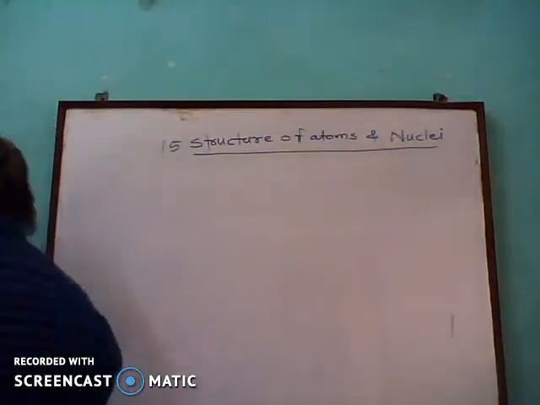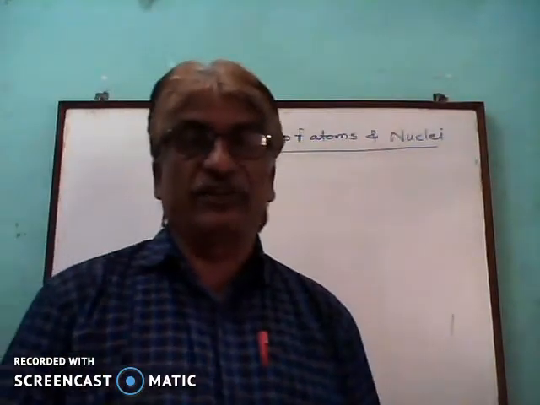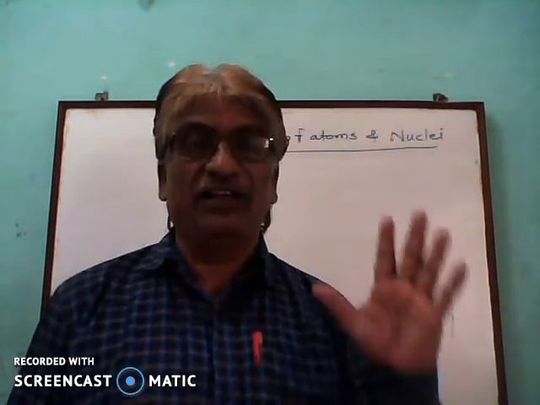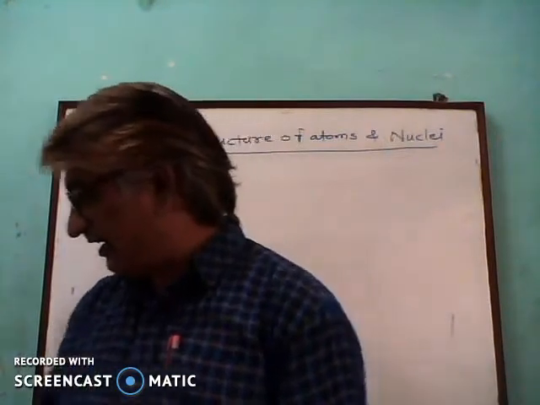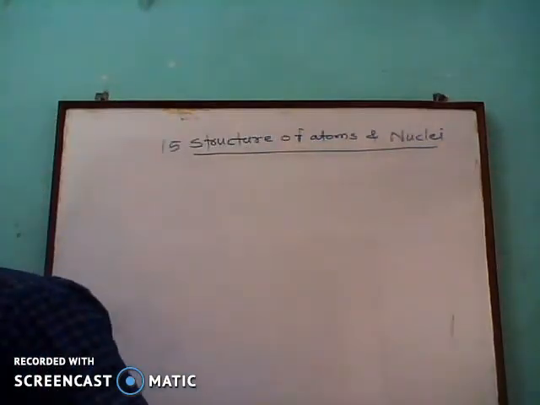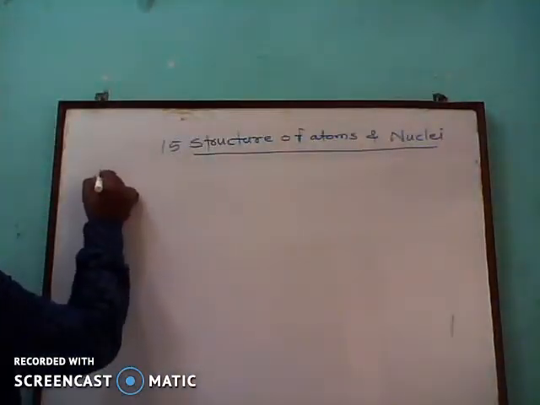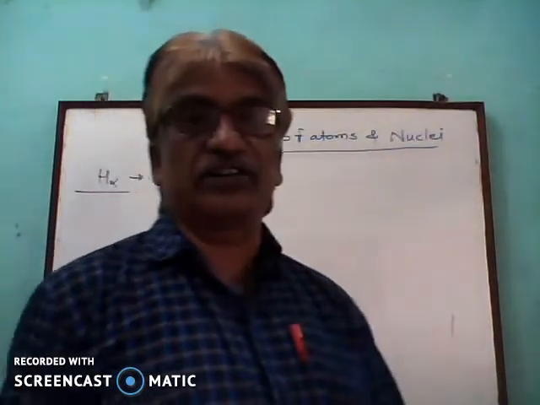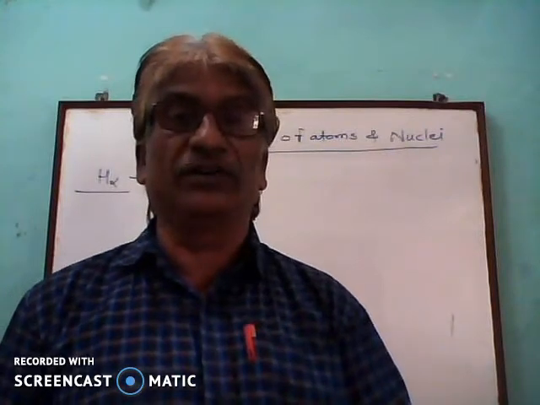So, see here, in this video we want to find the wavelength of the H alpha line, H beta line, H gamma line and H delta line. First of all, for the H alpha line: the H alpha line is the first line, which is called the longest wavelength of the Balmer series.